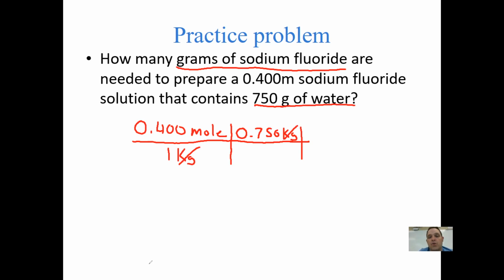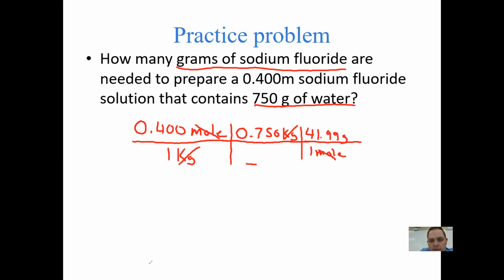The question asks for grams. So one last conversion, we're going to do 1 mole equals the molar mass. And when I did this, I got 41.99 grams. And notice our moles will cancel with moles. We're left with grams of what we're talking about.